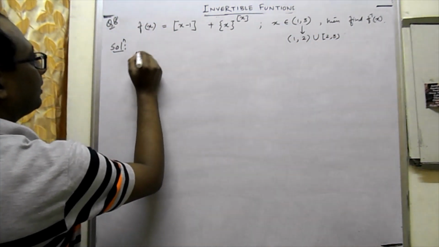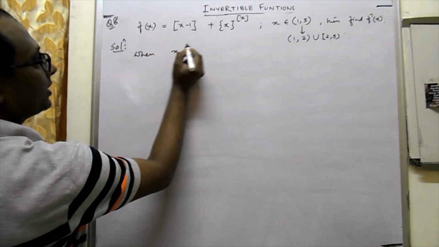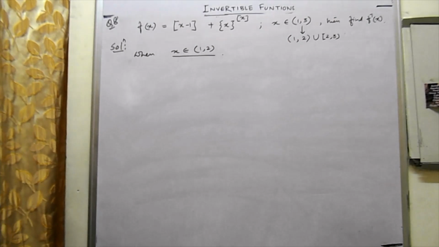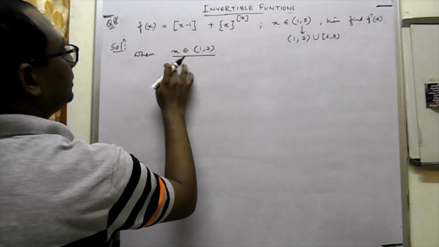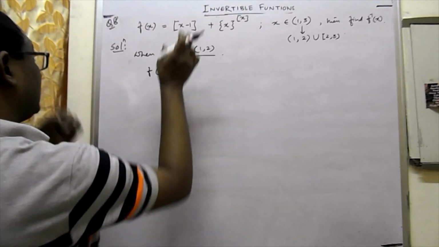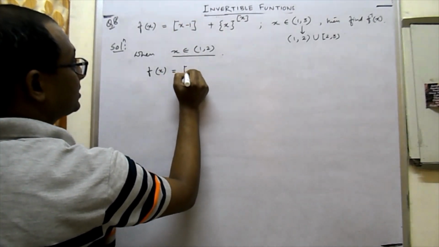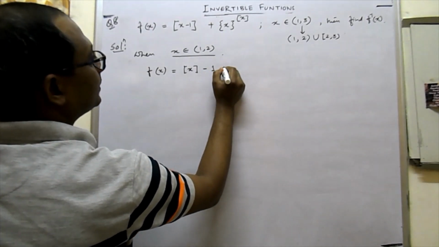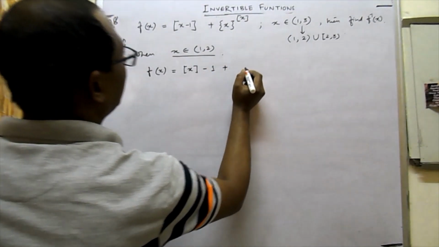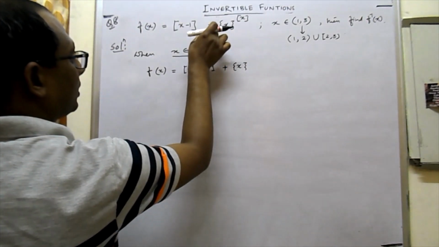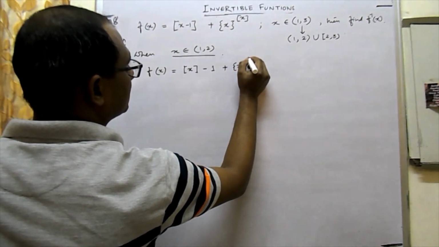So when x belongs to 1 to 2 open, f(x) will give me greatest integer function of x minus 1 plus fractional part of x.